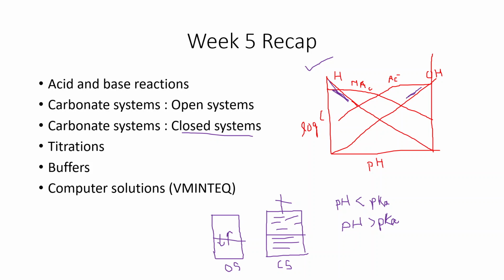In the closed system a few equations were used, and we came to know that the important parameters are H total, then pH. These two parameters are common for both systems. But here another parameter was CO3 total.